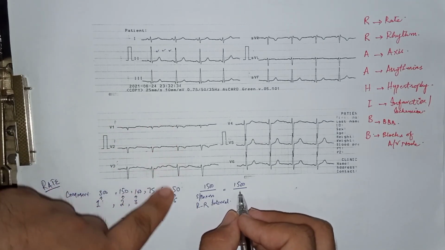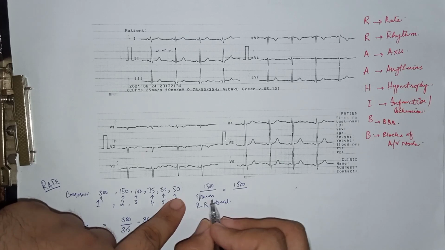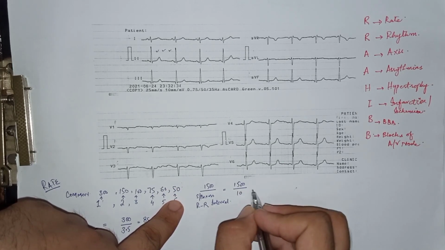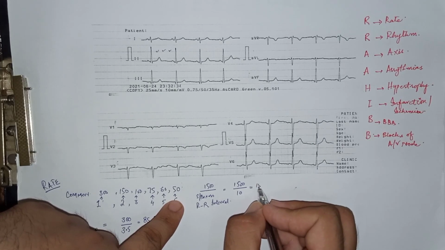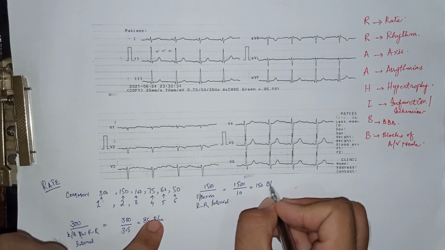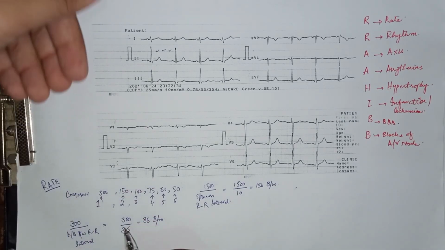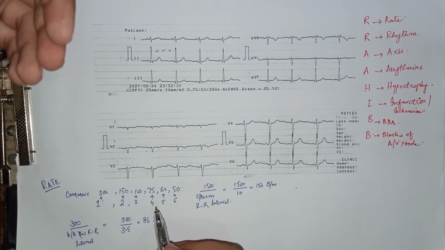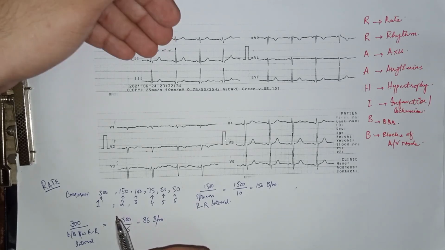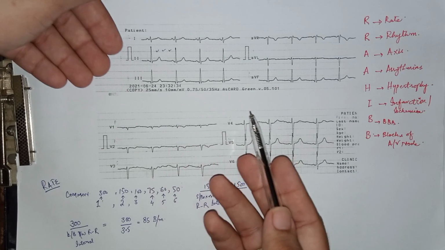Then 1500 divided by 10 is equal to 150. The heart rate of the patient is 150 beats per minute. These methods are important for heart rate calculation when the rhythm of the ECG is normal, like in this ECG.